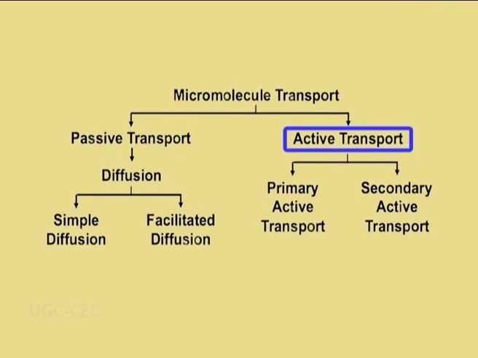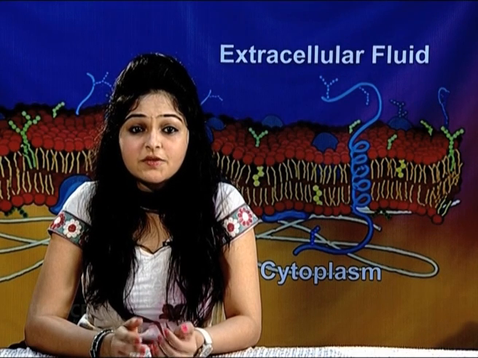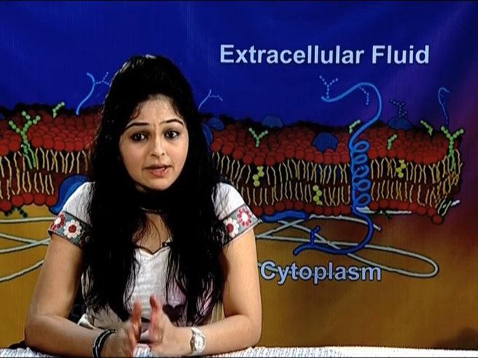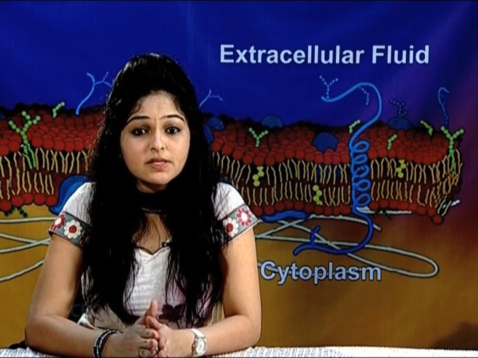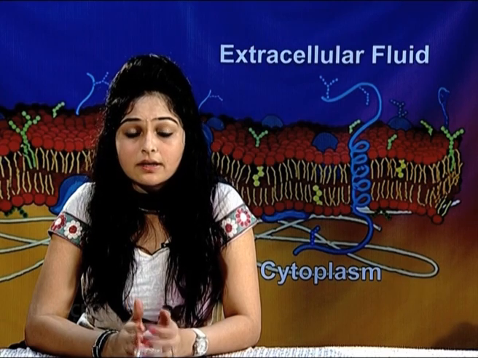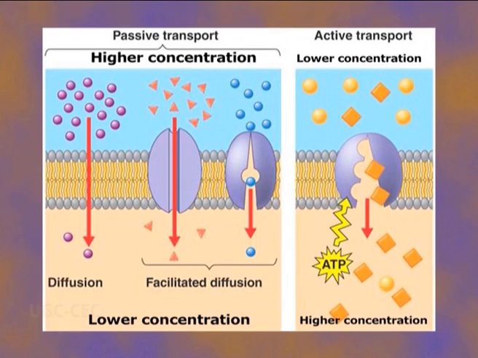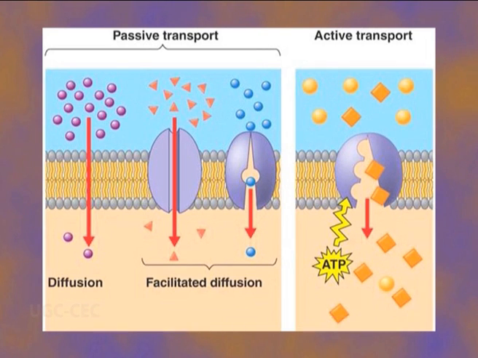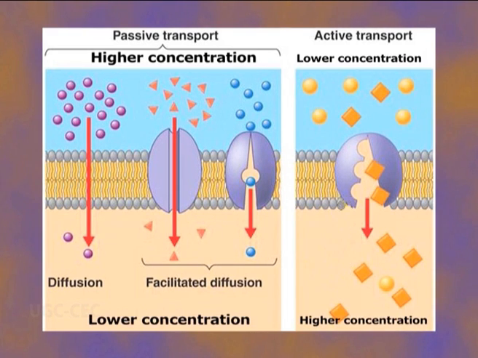Number 2, active transport. Let us first compare the active and passive transport as well as see the difference between primary and secondary active transport. Two things distinguish active transport from the passive transport mechanisms. First, active transport can move substances against their electrochemical gradients, and second, active transport requires the expenditure of energy.